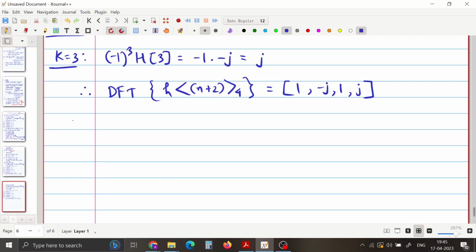So we are in part B. So the idea which I used here is, my handwriting is just horrible.